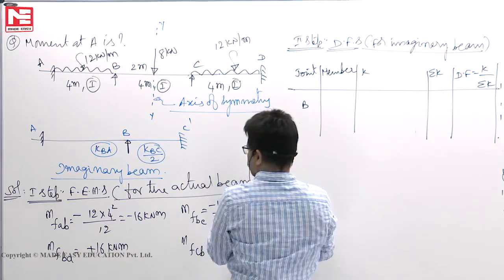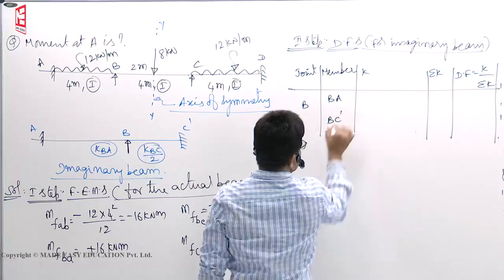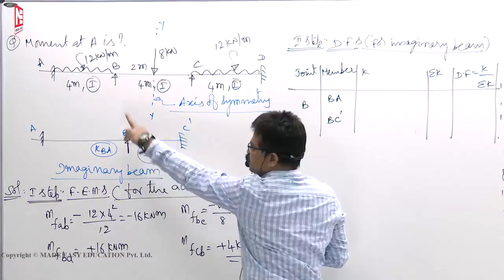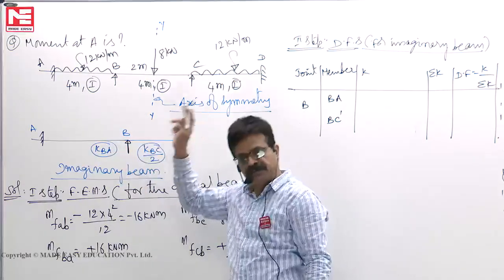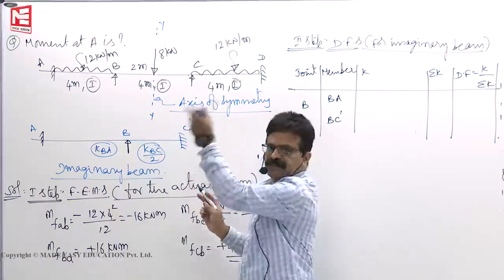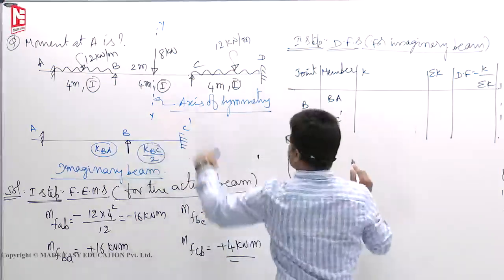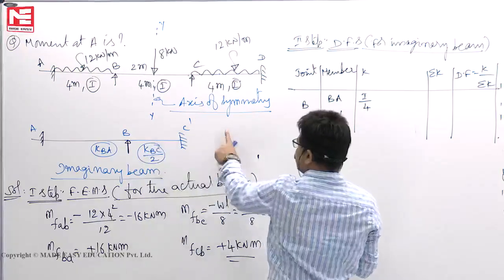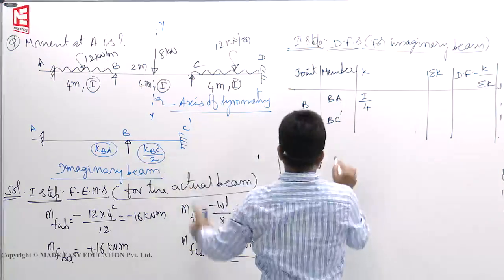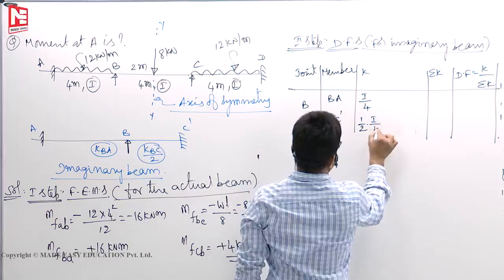So BA is one member, another member is BC dash. When you stand at B, look at A, because you are finding the distribution factors at B, you have to stand at B. Look at the far ends. If far end is fixed, I by L, so I by 4. Stand at B, look at C dash. It is half of KBC. Half of KBC is I by 8.